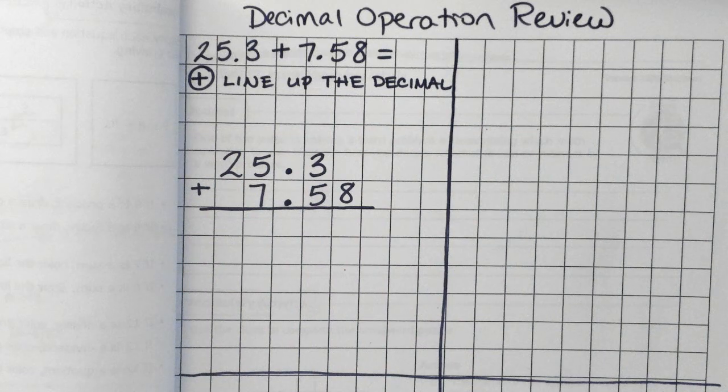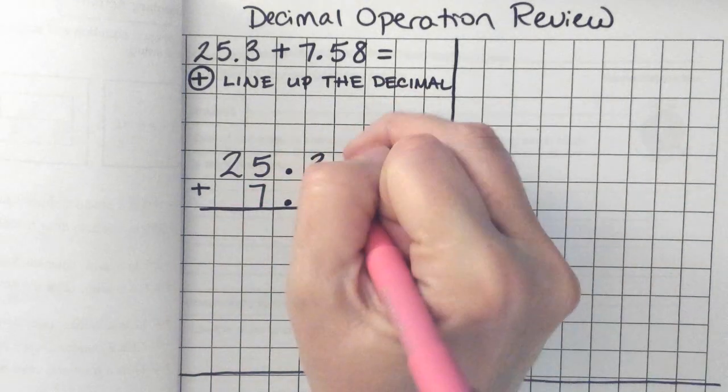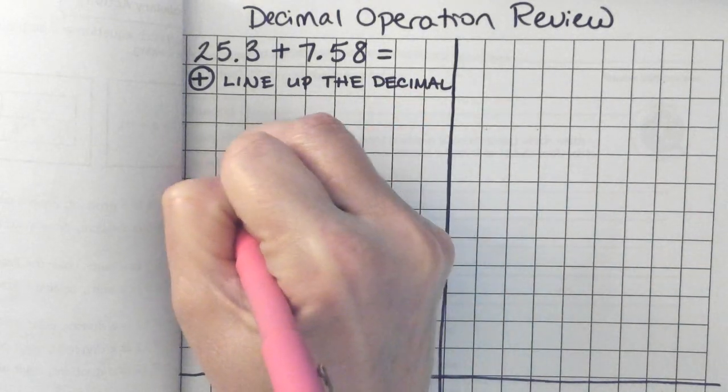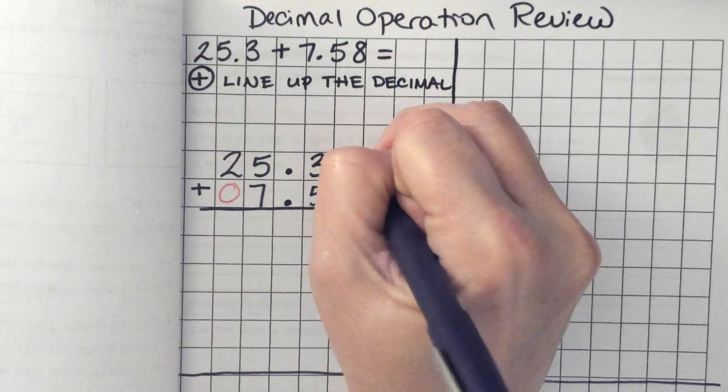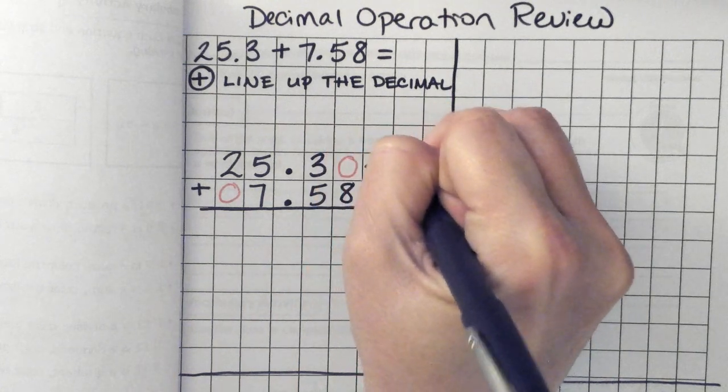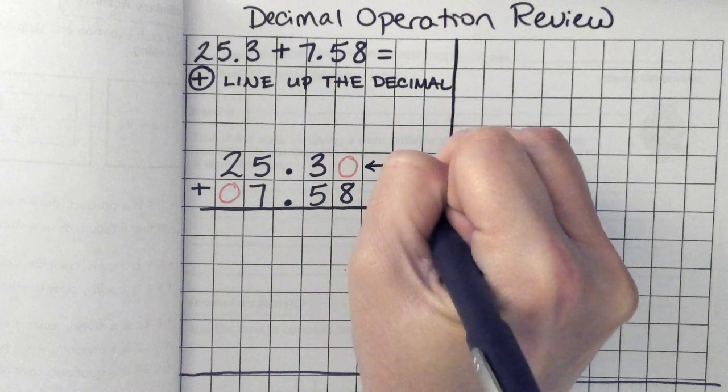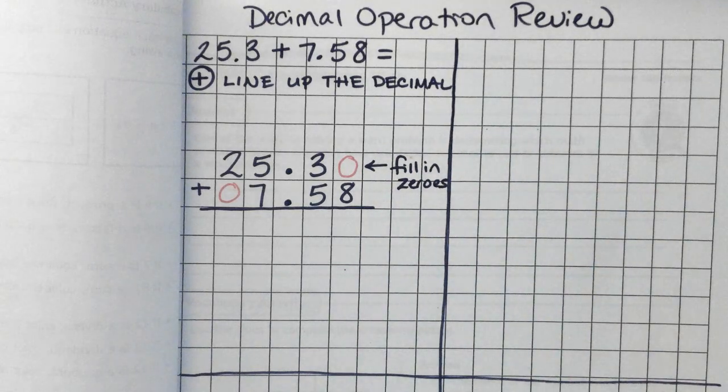When I am adding, I line up the decimals, and if I've got any place where there's not a number, I can fill in with zeros, because adding a 0 to the far left or right of a number doesn't change its value. Okay, so you fill in zeros anywhere you have a gap.